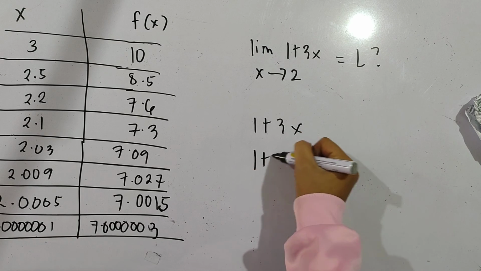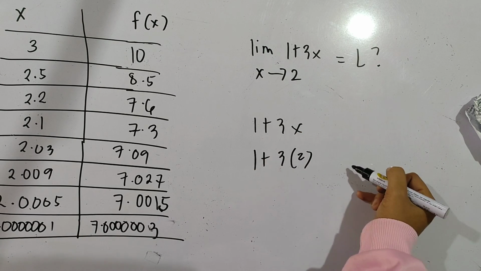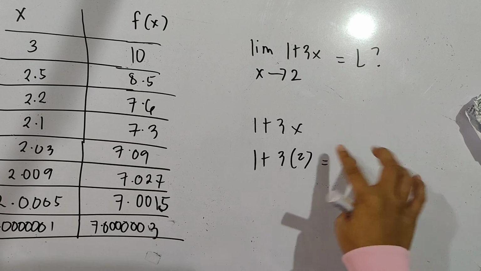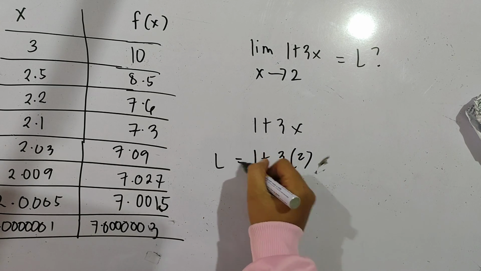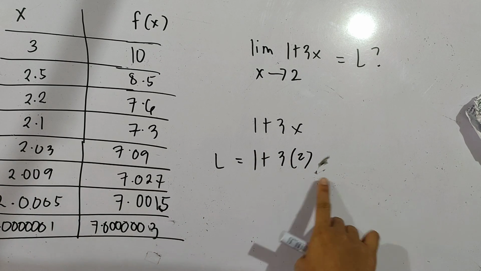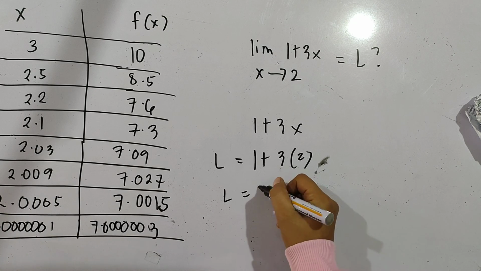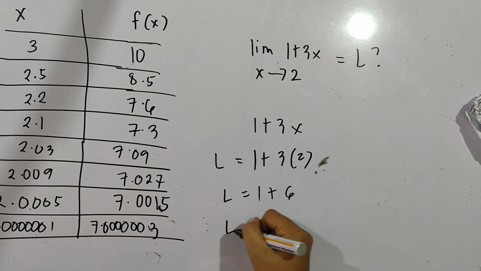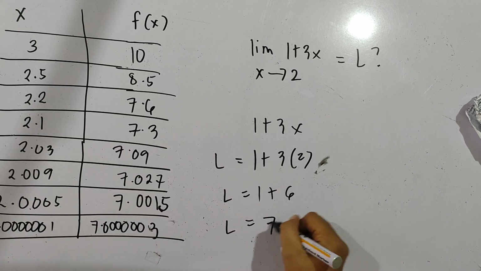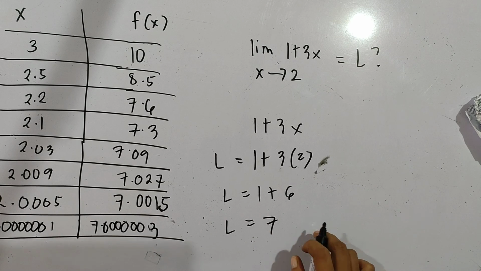So, L is equal to 1 plus 3 times 2. 3 times 2 is equal to 6. 1 plus 6 is equal to 7. So, mas dali ni siya.